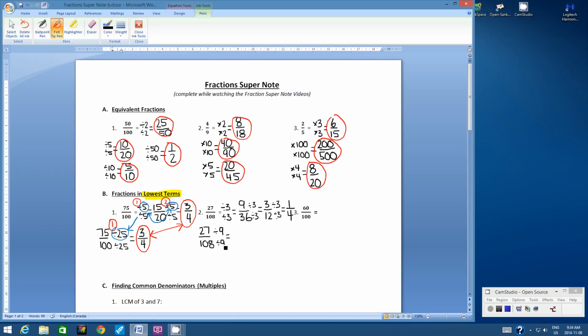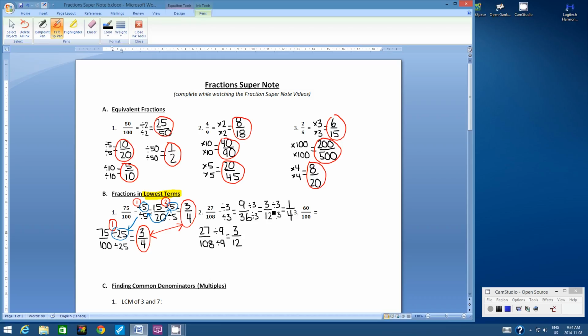Okay, if you can work this out using your calculator. 27 divided by 9 is 3. 108 divided by 9 is 12. Okay. Can this fraction be reduced any further?